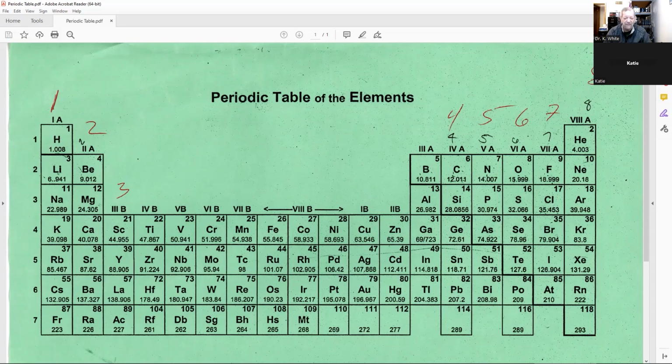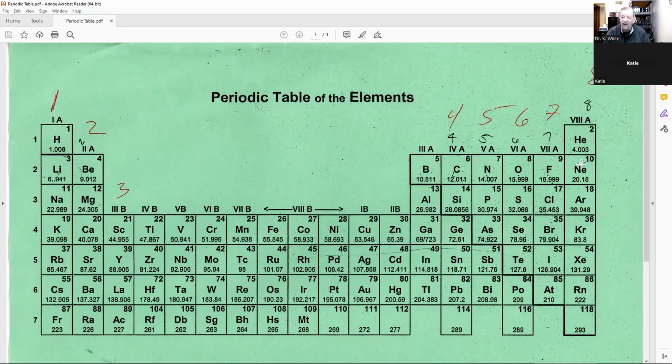And time's up. Neon is the noble gas, Ne, and it's the last column with the 8 on top. VIII is 8, and I also have written the number 8. And therefore, neon has 8 valence electrons. Remember, the number in the box, 10, is all the electrons in neon. That's not what we're asking for.